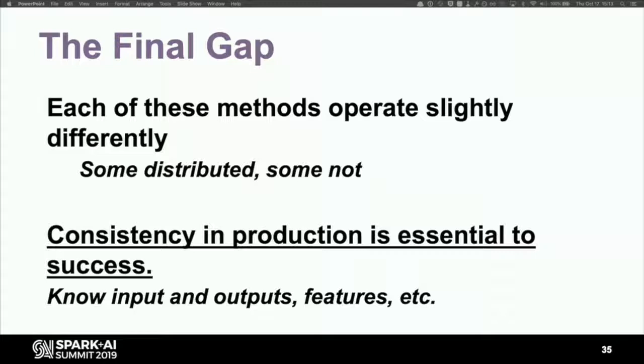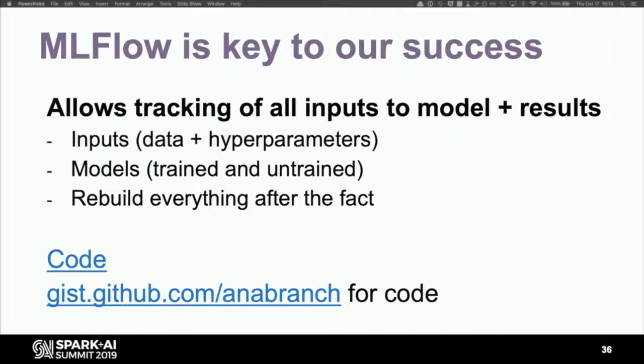And so the way we approach this problem, obviously there's a lot of talk about MLflow today, and I think the simplest part, or the way in which we're really using it internally at this point, is for really simple tracking of all inputs and models and results and so on and so forth.